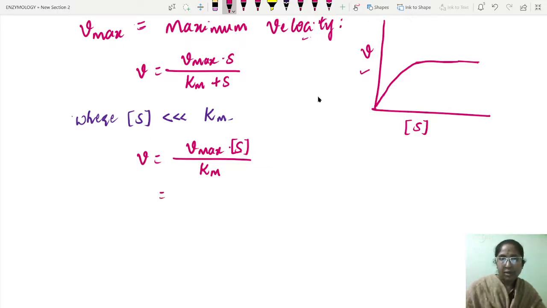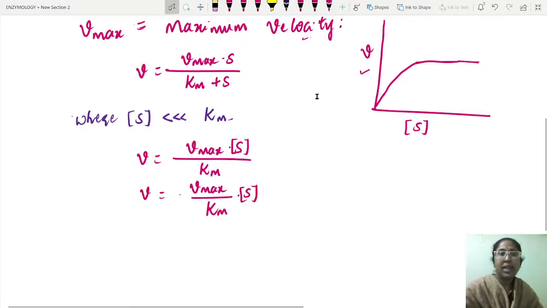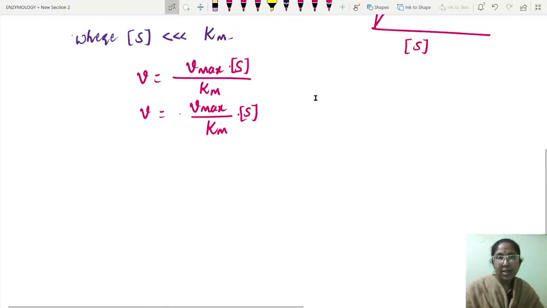So then we can write it as V is equal to Vmax by Km into the substrate.